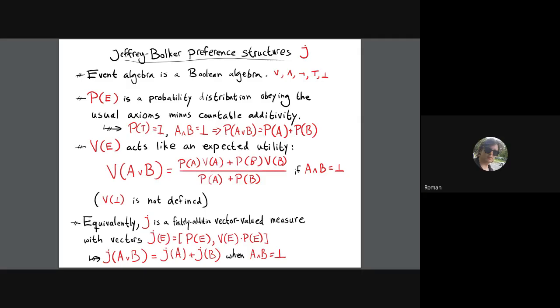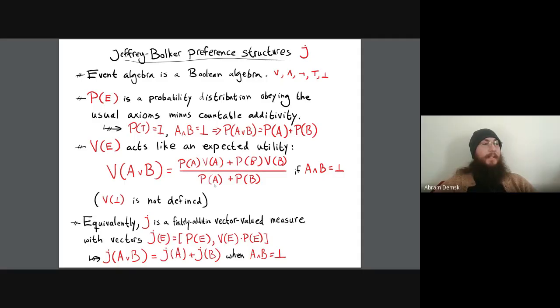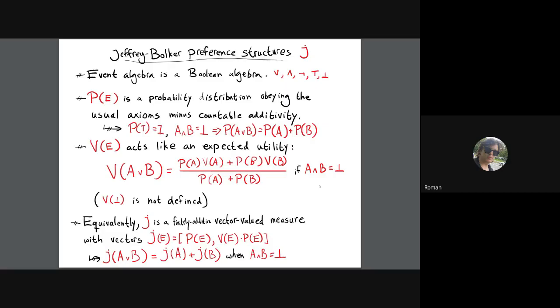Yeah, Roman? Why isn't the denominator 1? Like, it's the previous axiom, isn't it? A and B are mutually exclusive, but not necessarily jointly exhaustive. Oh, I get it.